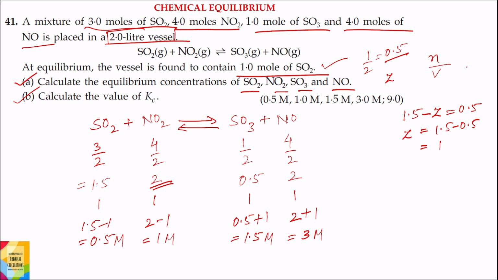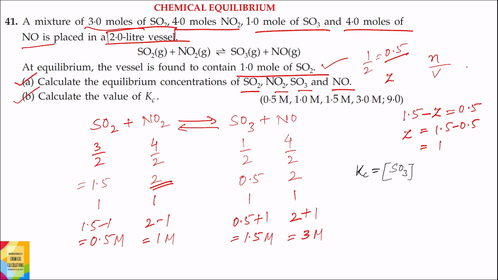Now the second part of the question, value of Kc. Now value of Kc is the product of the concentrations of the products, that is concentration of SO3 raised to the power of its stoichiometric coefficient in the balanced equation. Now in this equilibrium, the stoichiometric coefficient of all the reactants and products is 1.